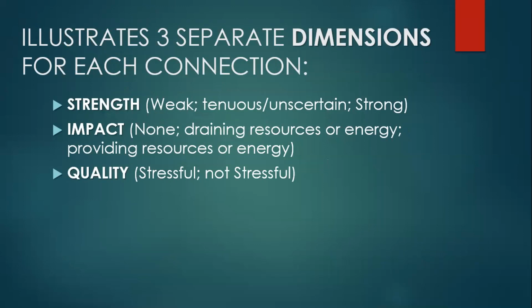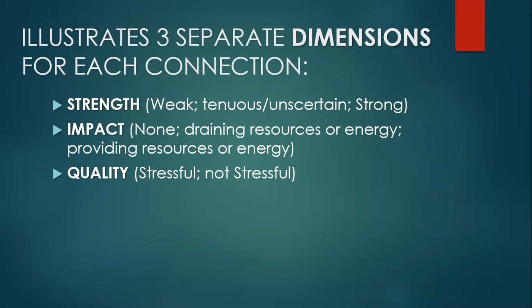When you say strength, this can be weak, tenuous, uncertain, or strong. So this will be represented in certain lines, which I will be showing later in the symbols. Impact can be either draining or non-draining, or providing resources or energy.